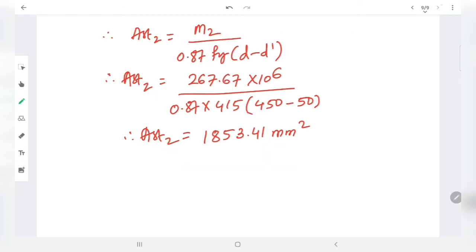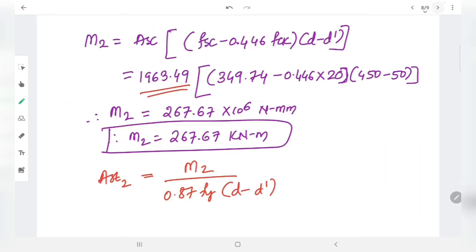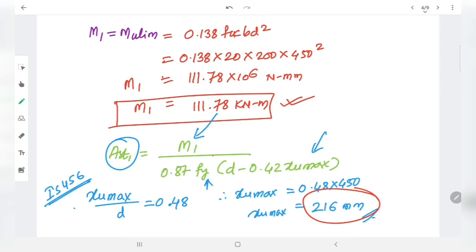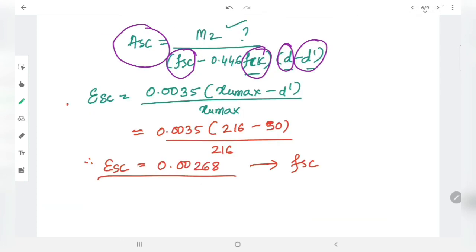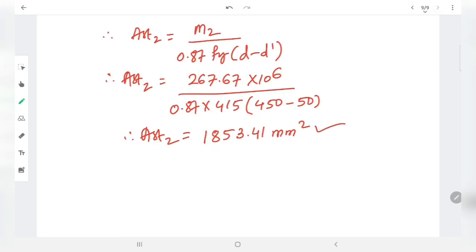So here 1963, this is 1854. We calculated AST1 here, and we calculated M1 here, and we got M2 here, and we got AST2. All the required values we got.